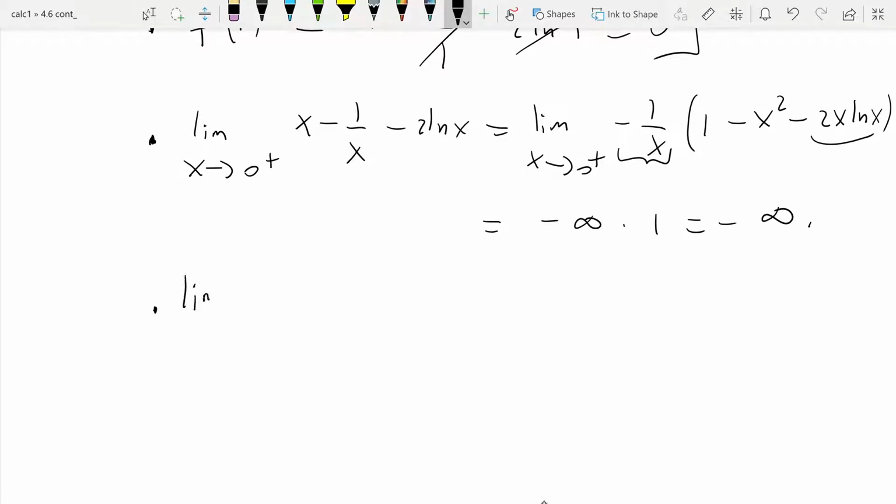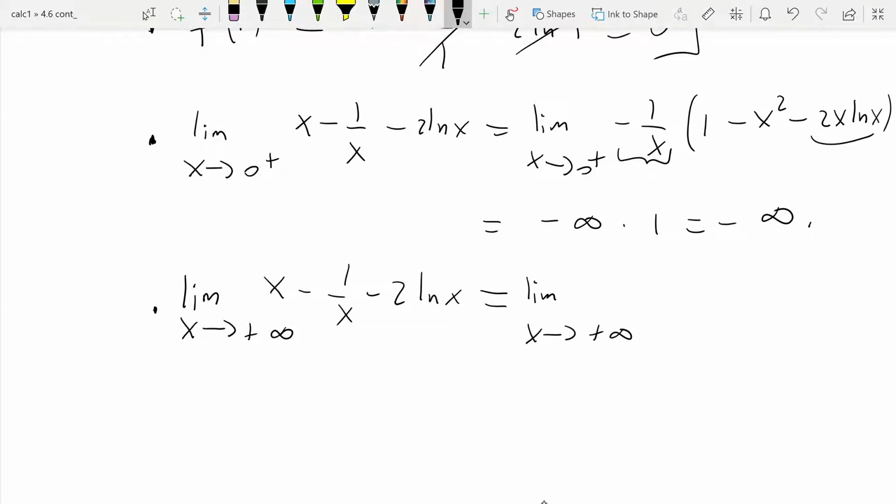Now the limit as x approaches plus infinity of x minus 1 over x minus 2 times the natural log of x. It's not approaching really anything, it's just becoming unbounded. And again we now factor out by x, because that's what's becoming bigger than anything else.